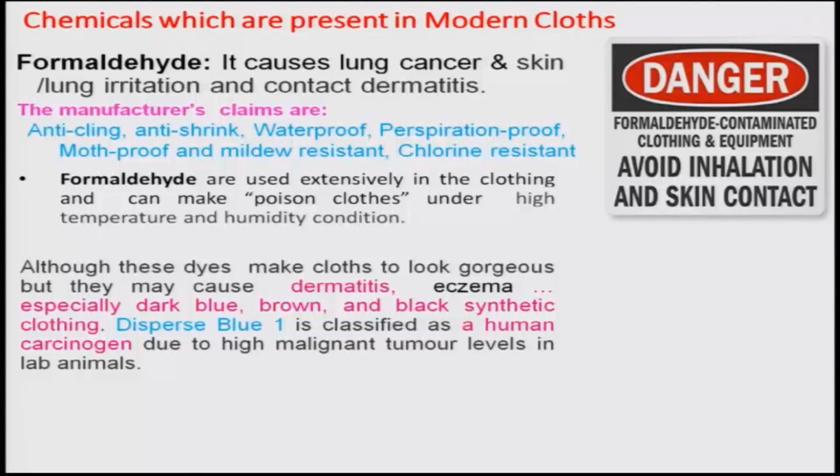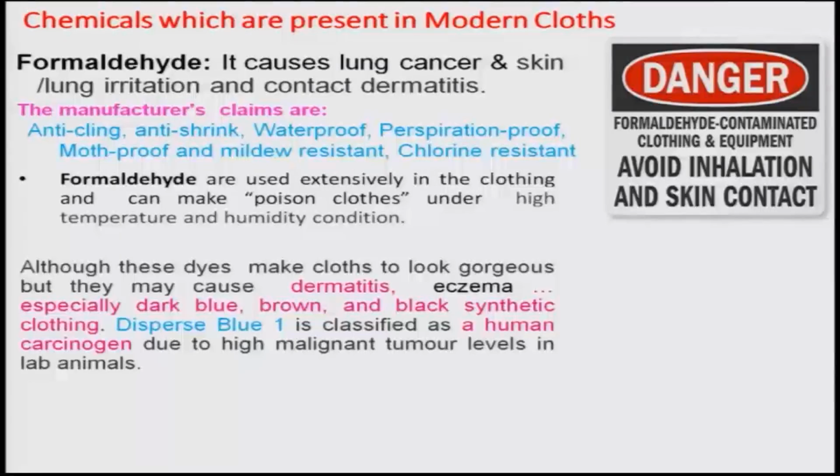modern cloths can make them poison cloths basically, under high temperature and humid conditions, and all of you will be knowing that our country is in a tropical region, except a very few regions, most are having high temperature and humid conditions.